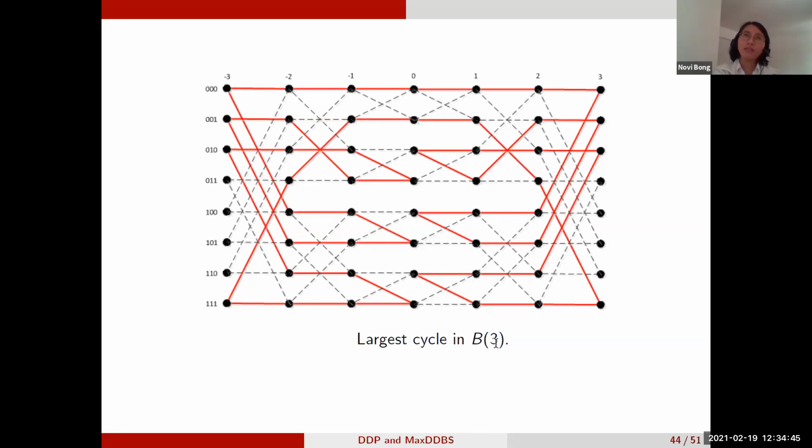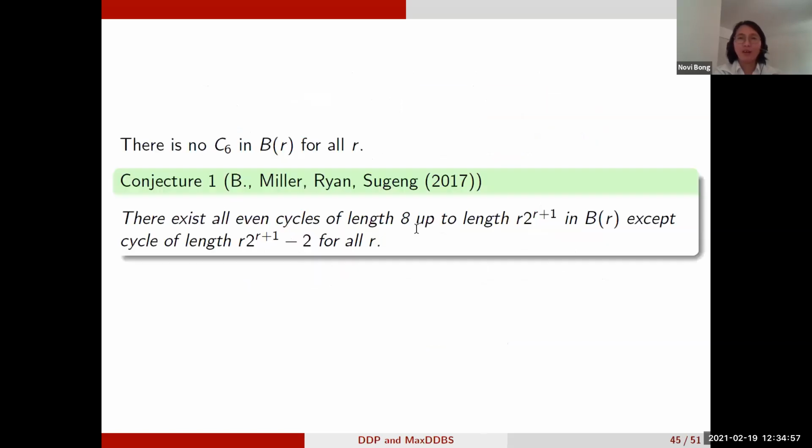And what's interesting, even though we are looking at the largest, we try to find the largest graph possible, we also try to observe, in this case of the cycle, whether all the cycles of different lengths exist. For the cycles of even length, they exist from 8 up to the largest cycle, except there is one cycle that is not there.